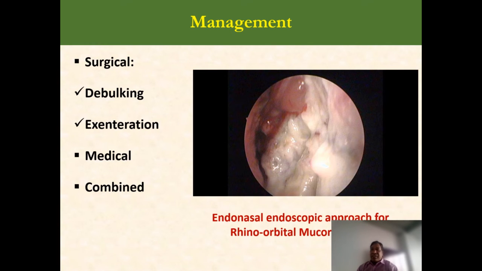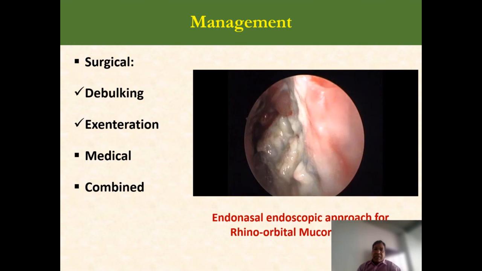The management strategy includes surgical excision of necrotic tissue or debulking of the necrotic tissue to reduce the fungal burden, exenteration, and medical treatment, and both medical and surgical treatment.